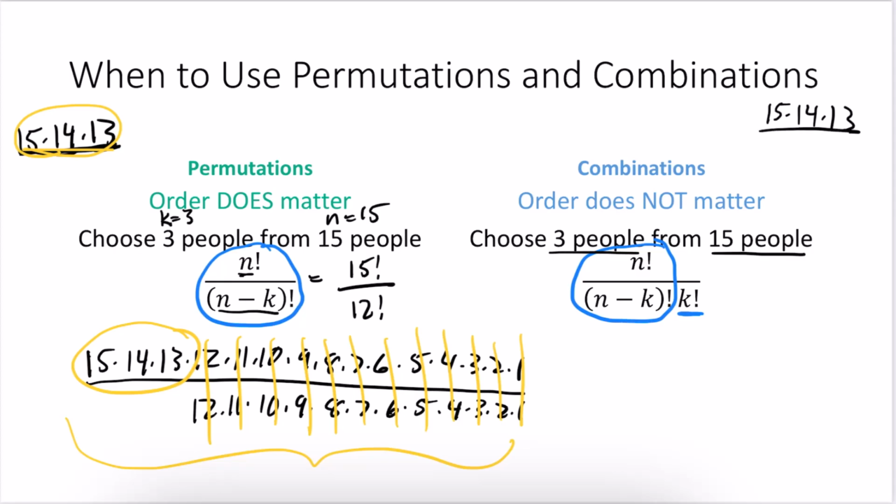But the number of duplicates would be 3 times 2 times 1, which is what that k factorial means. So again, I don't think it's easier to use the formulas. I think it's easier to just list out the choice tree calculation and then divide by the duplicates if you need to. But you're welcome to use the formulas if they're helpful for you. And if you have any questions, please let me know.